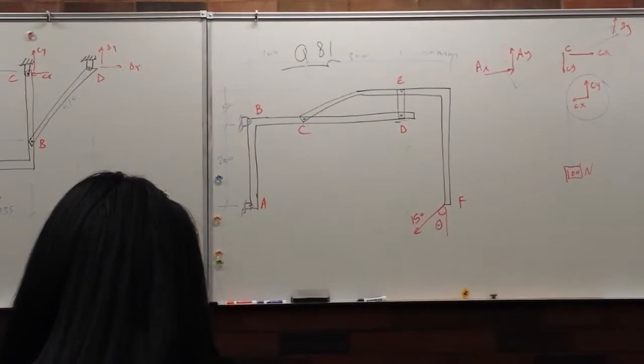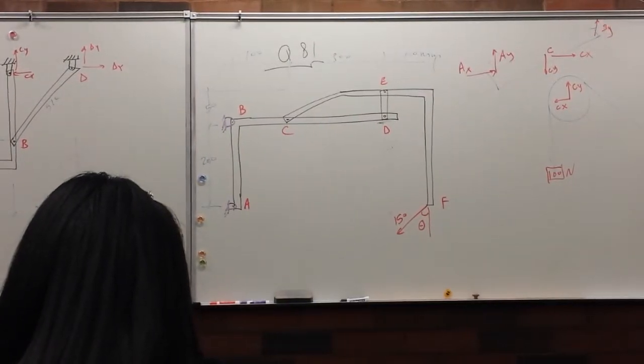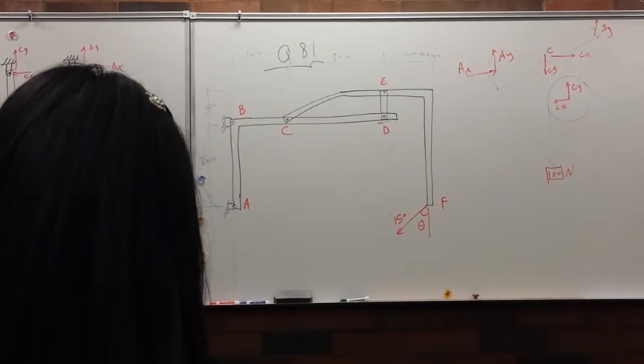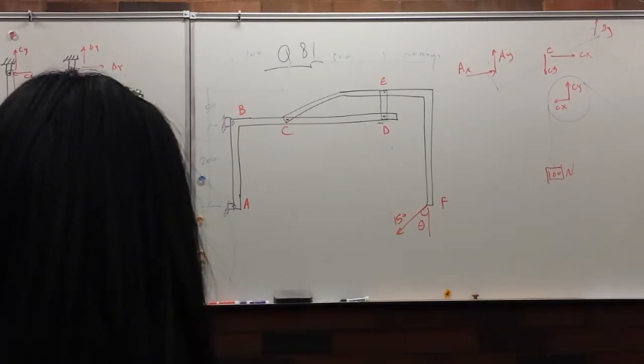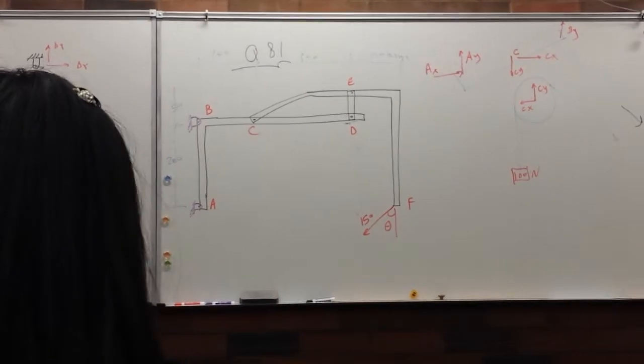We know that A and B are pins. Pins means 4 unknowns for forces, correct? So what is the element that is going to help me?